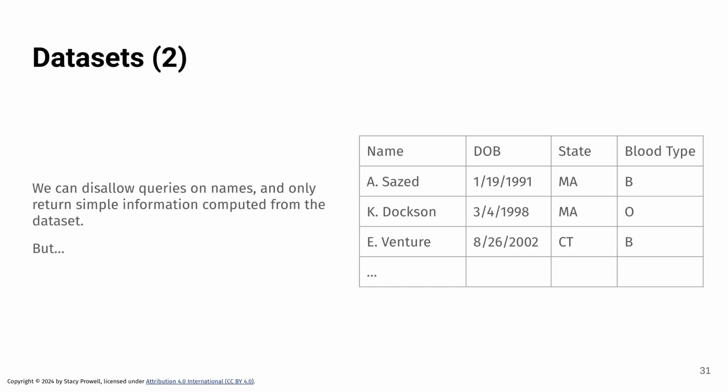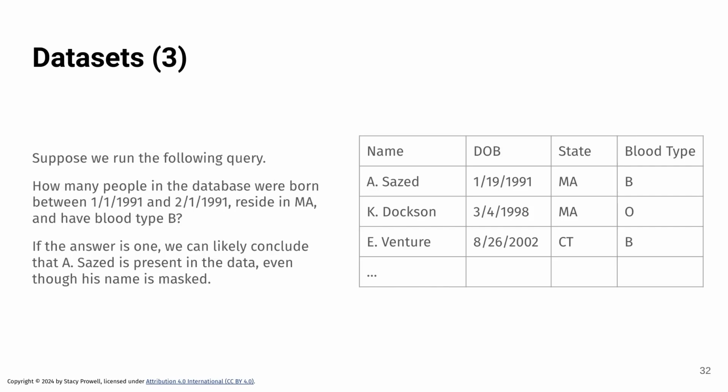Now, we say, well, we're going to disallow queries on names and will only return simple information computed from the data set. So you might ask, how many people who have been diagnosed with HIV live in Massachusetts? And we'll give you back an answer, give you a number. But this means we might do something like the following.